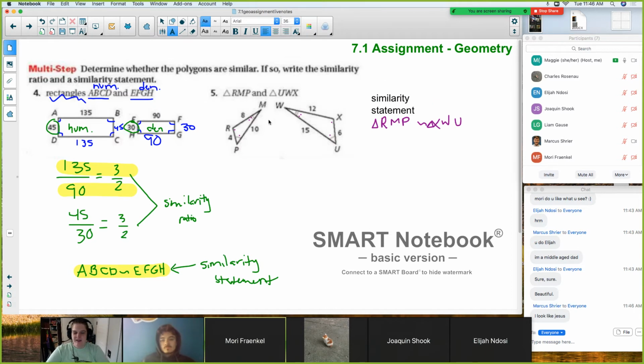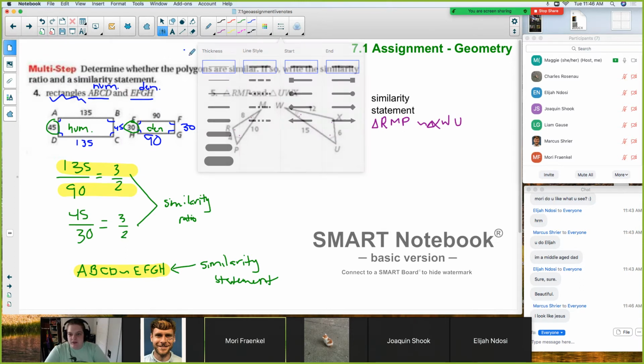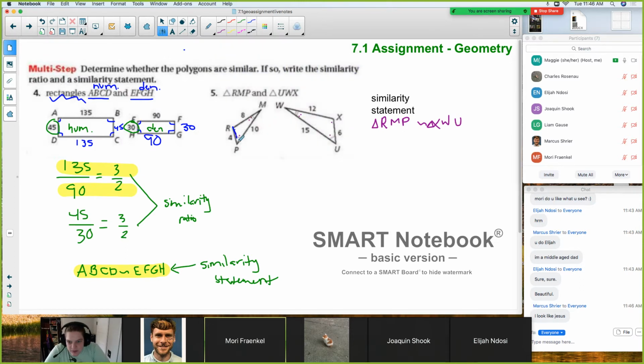All right, and then now that we know that they have a 1 tick mark, 2 tick mark, and a 0 tick mark side that match up, do we have proportionate sides? Let's see. So between the 0 and 1 tick mark side and the 0 and 1 tick mark side, we have a proportion of 4 and 6.